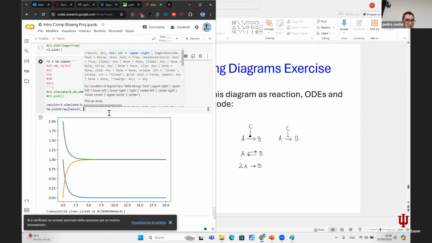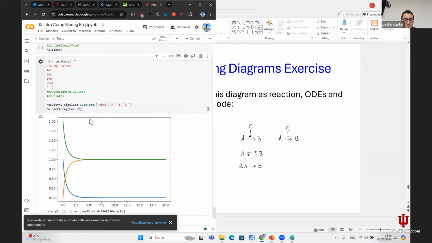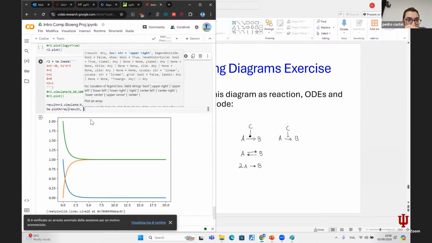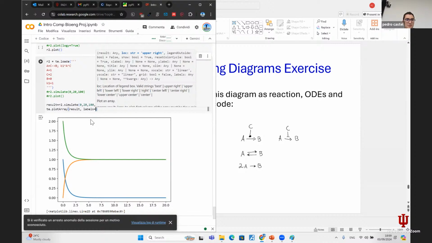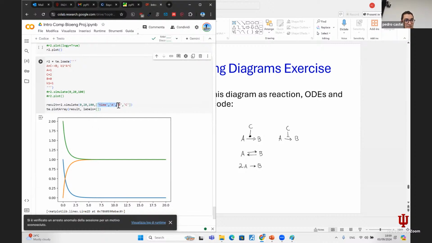It is here somewhere, so it should give me the legend option when I do this. It is labels. Default is none, and yeah, so it's labels equals, and then all of those. Yeah, got it, that's it.